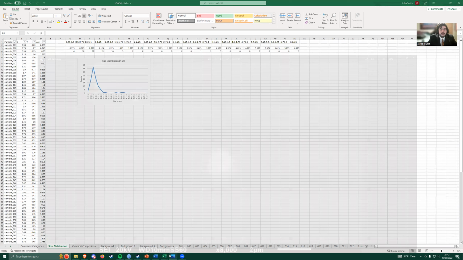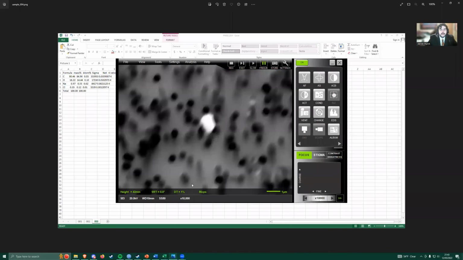But we'll also go here. I was going to show you a little bit of difference in how I've gotten better at SEM-EDX picturing. So this was one of the first samples I worked on for picturing, which was a PM10 14, right? Which was the Excel sheet I showed you first, which is kind of outdated now compared to what I normally do. But this is one of the images from there.